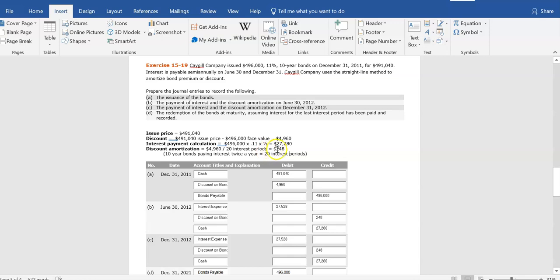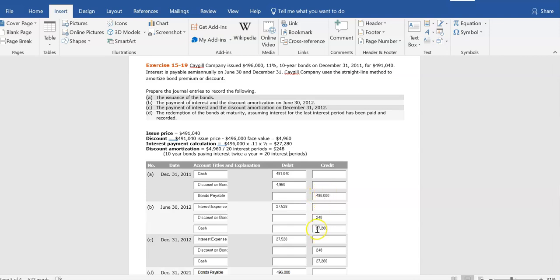Now, a discount will cause the amount of interest expense we record with every interest period to be higher than the cash paid to bondholders. Why? Because when you think about it, a discount represents an additional cost of borrowing the money over and above the interest that we pay to the bondholders, because we borrowed less than what we have to pay back.